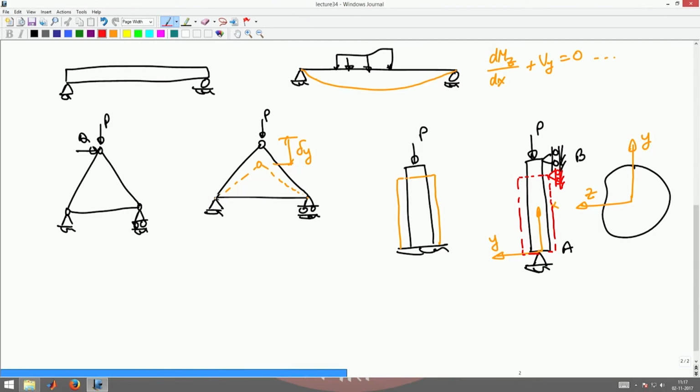But let's investigate whether there is an alternate deformation possible, which is this. That is, the column bends, like what the scale did in our case. It can bend along the Y direction or it can bend along the Z direction. What is the criterion? You will find out in a short while in which direction it bends.